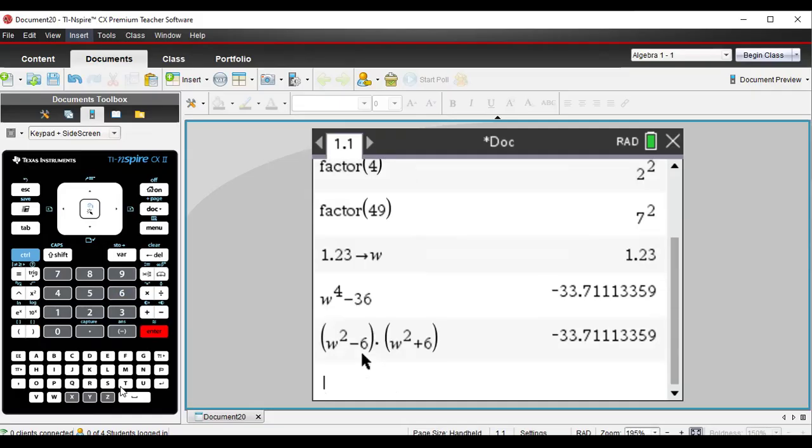And when I press enter, they should match, and they do. They match negative 33.71113359. So I know these two are equivalent, and I can feel comfortable with my answer.